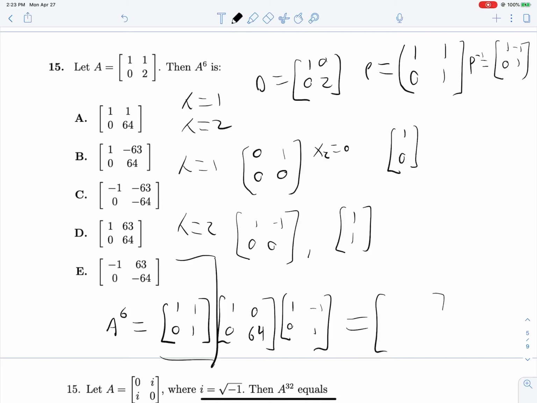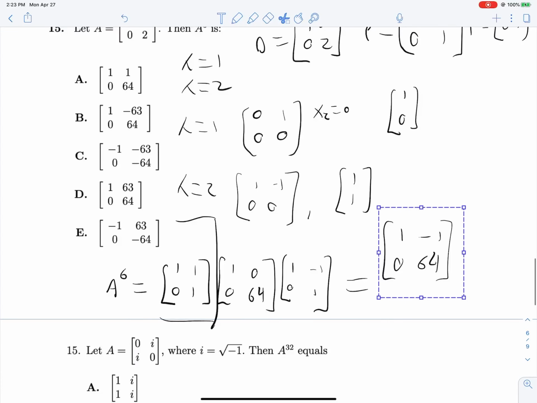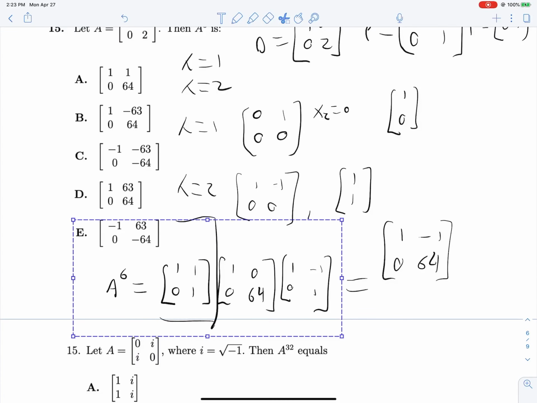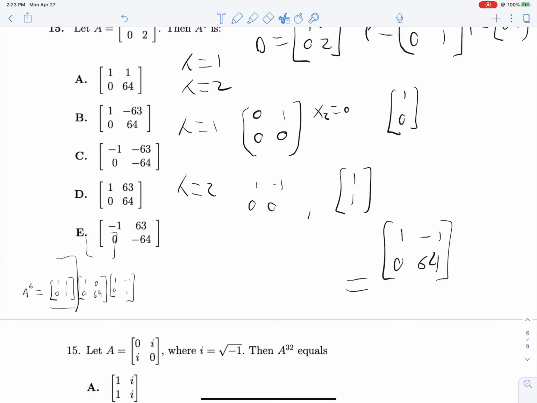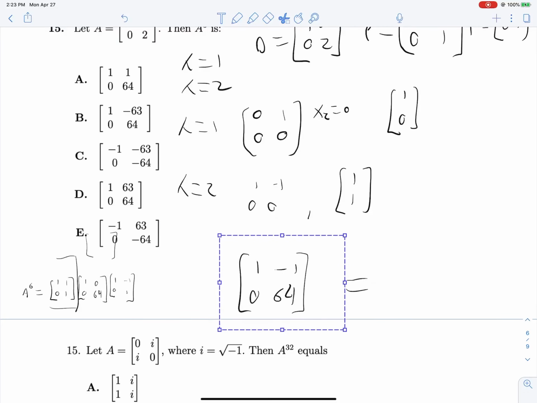That gives us 1, 0, negative 1, 64. And our final computation will be multiplying, I need more space here. We'll be multiplying this guy by, keep the order, there we go.